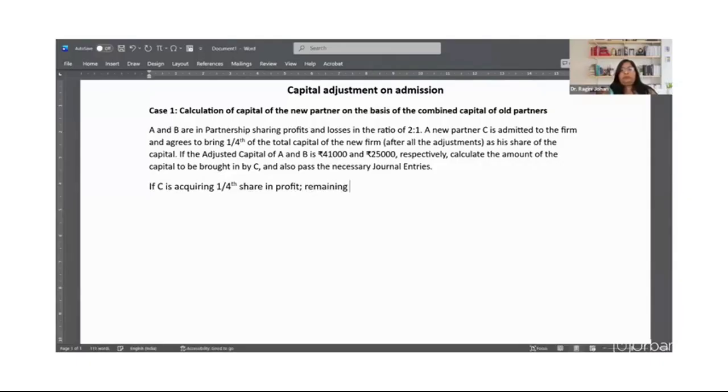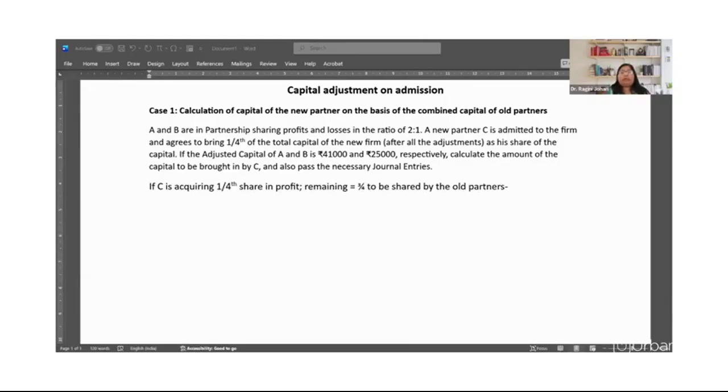Remaining 3/4 is to be shared among the old partners. Now, in this given question, we have to calculate C's capital on the basis of A and B's capital.